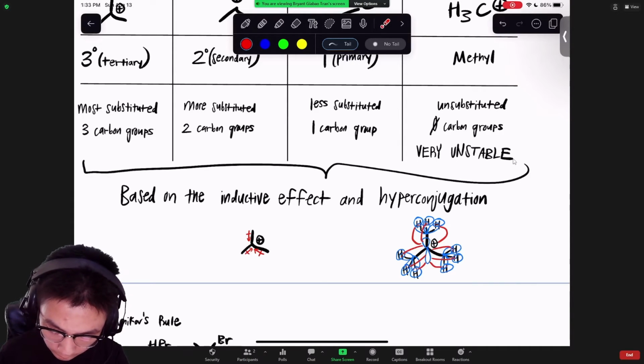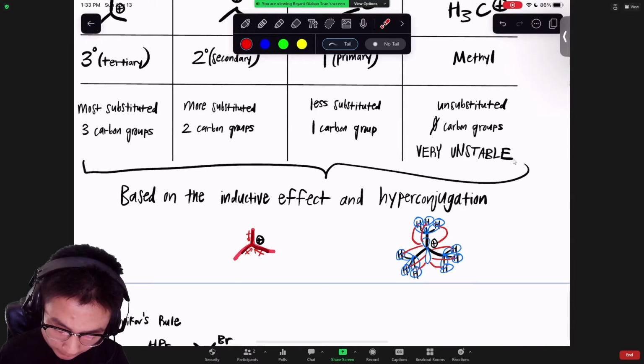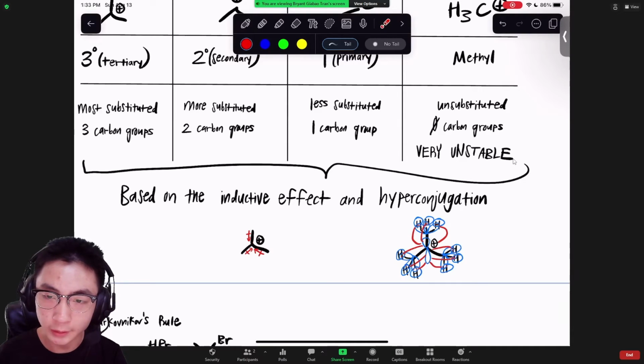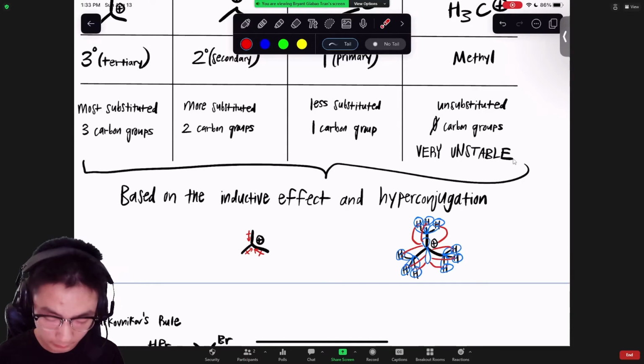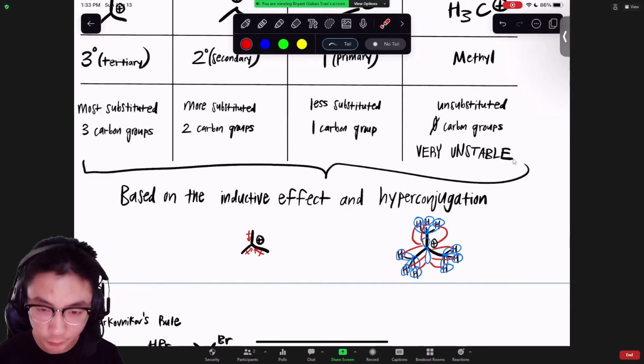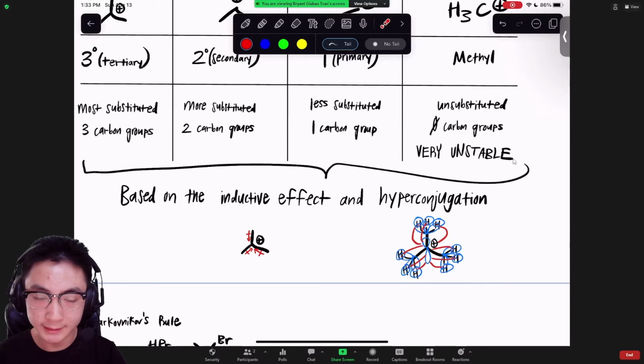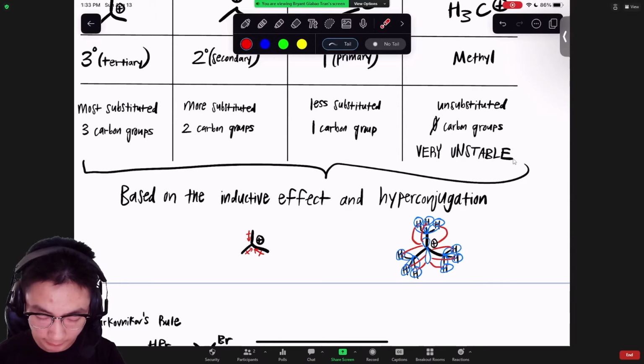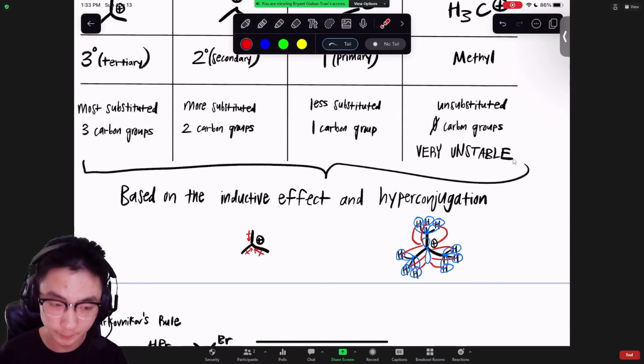So the more R groups there are attached to the carbocation, the more stable it is, because more electrons are being donated to the positive charge. That means they are decreasing the net charge of the molecule, which makes the molecule more stable.